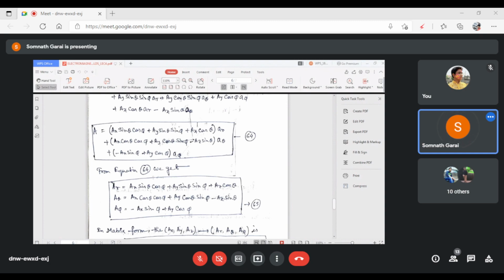So this part will be capital AR, this part will be capital A theta and this part will be capital A phi.